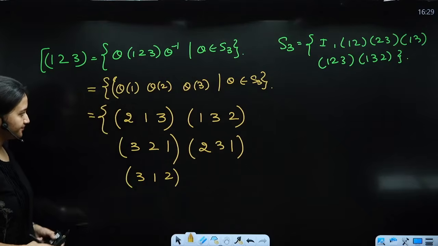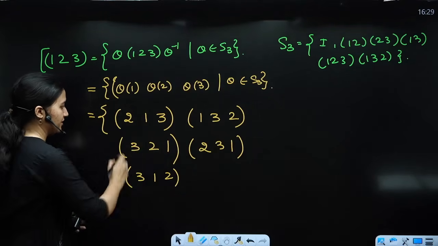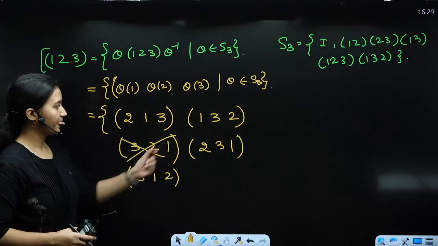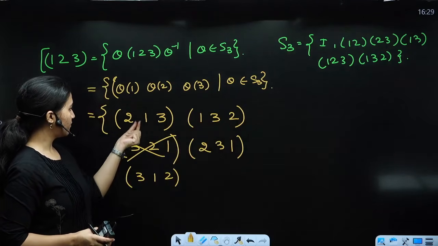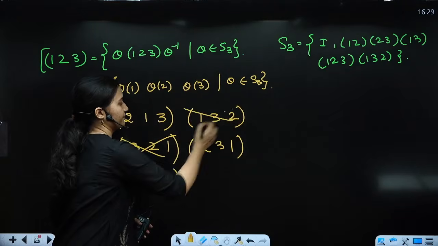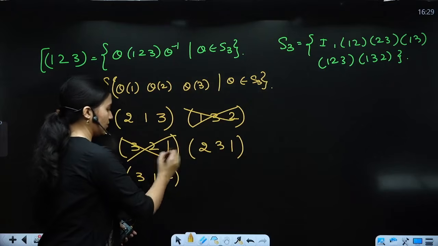Now let's see. 2 1 3, 2 1 3, this is the same value. 1 3 2, 1 3 2, that is also the same, right? Now 2 3 1, 2 3 1, these are also the same.